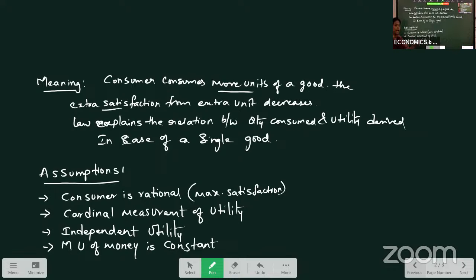The utilities are independent. They are not dependent, not complementary goods. Means individually also we can use the goods. Marginal utility of money is constant over here. As we use more and more money, the additional satisfaction is constant. That we are assuming here. These assumptions you have to write after the meaning.